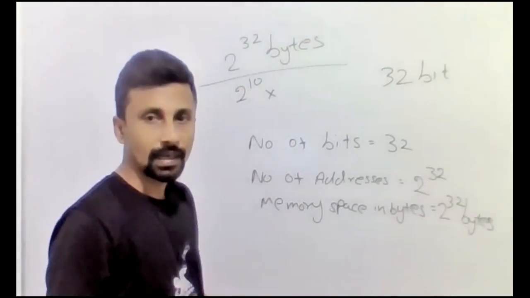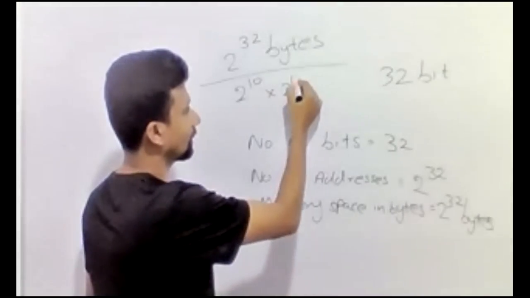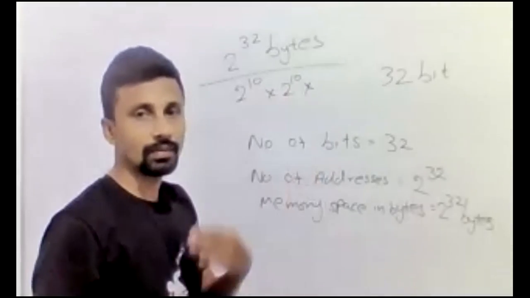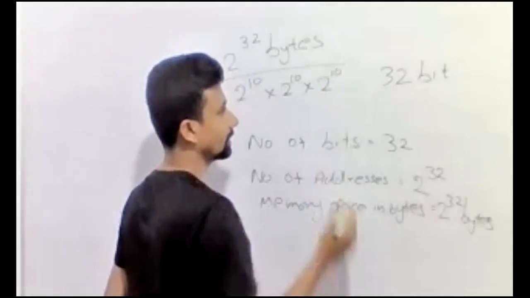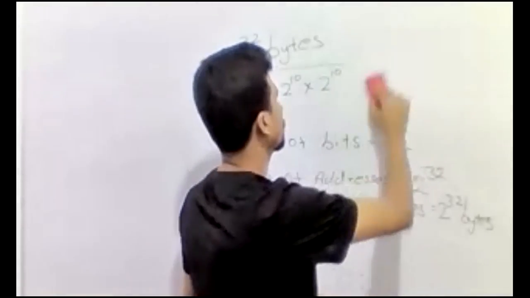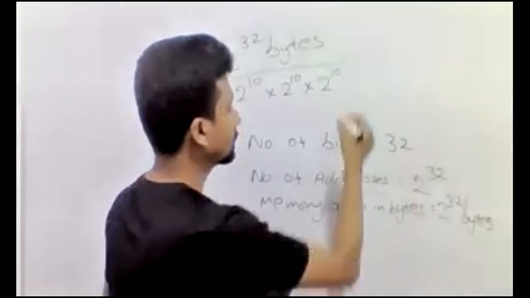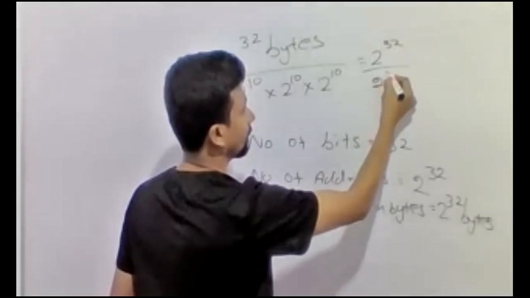To get megabytes, I divide by 1024 again, 2 to the power 10. To get gigabytes, again divide by 1024. So all together, the answer is 2 to the power 32 divided by 2 to the power 30.